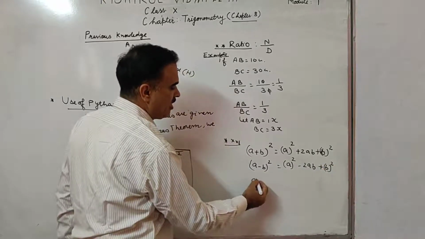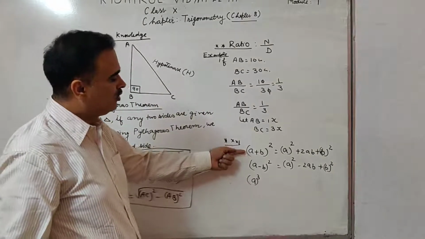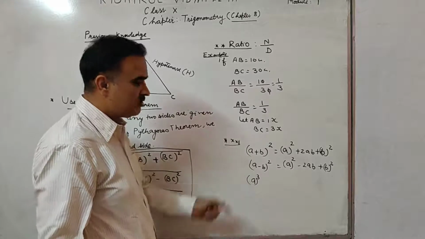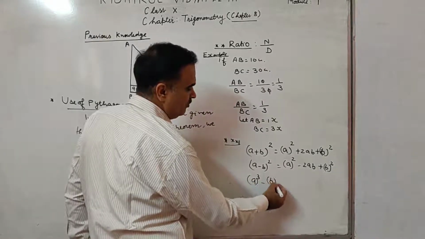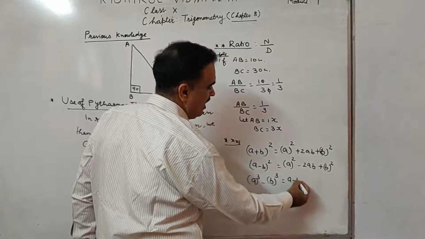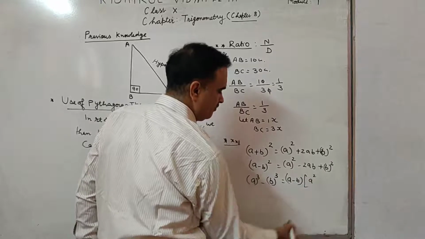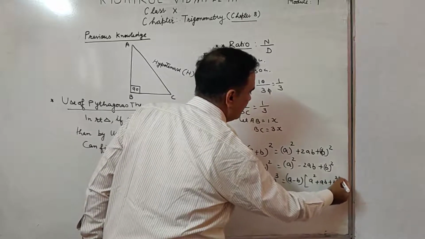If there is a cube, this is 9th class, and the earlier two you have gone through from 7th class. a cube minus b cube is a minus b into a square plus ab plus b square.